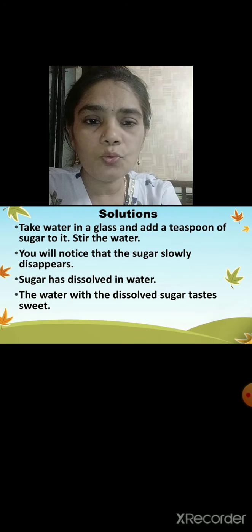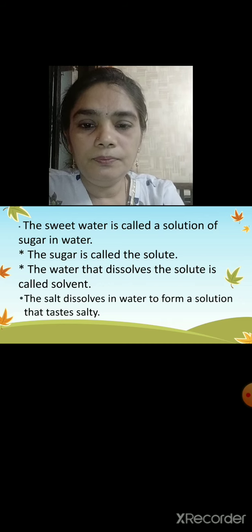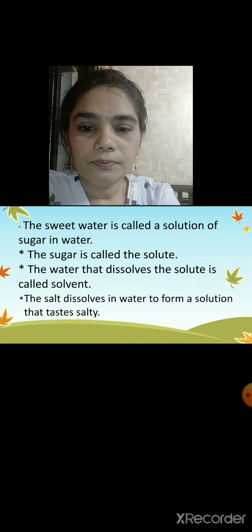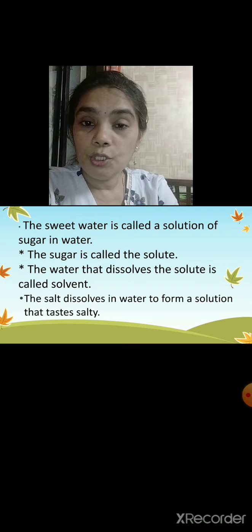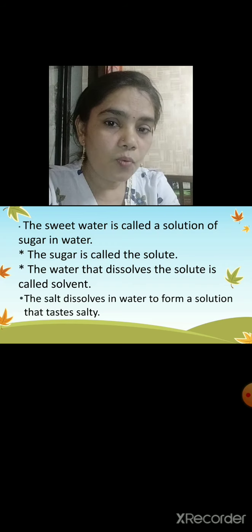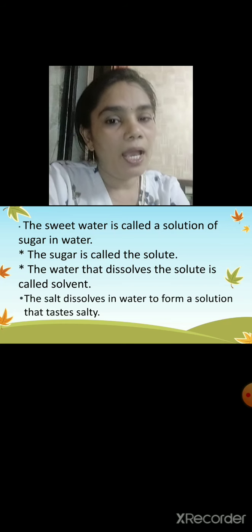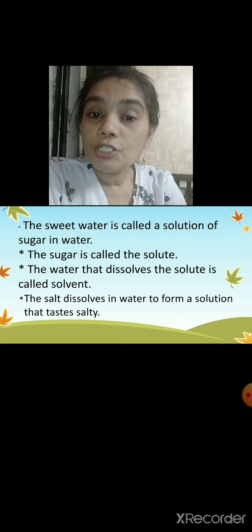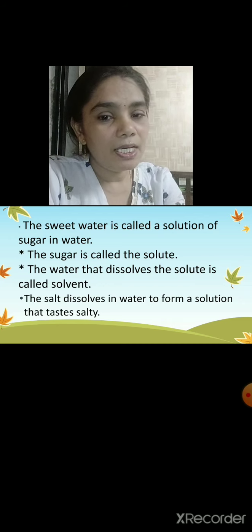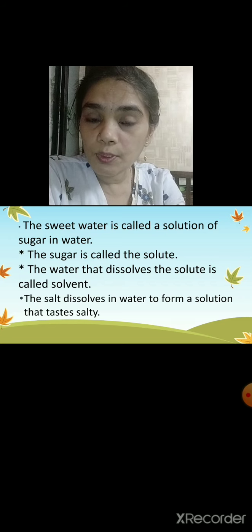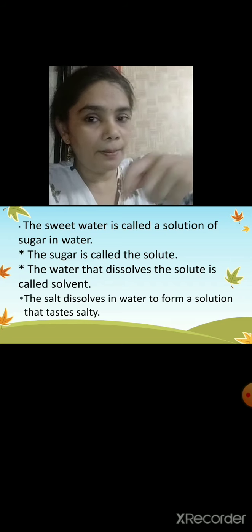And the next one is salt. You will take another glass of water and now you are going to add the salt, right? And what will you do? Yes, we are going to take the spoon and stir it. Stir means mixing.